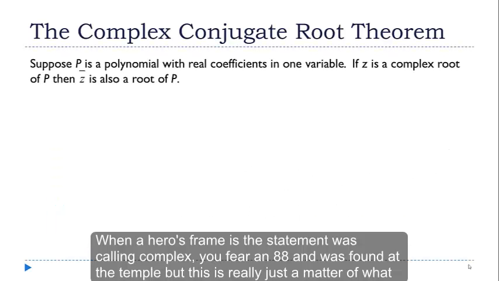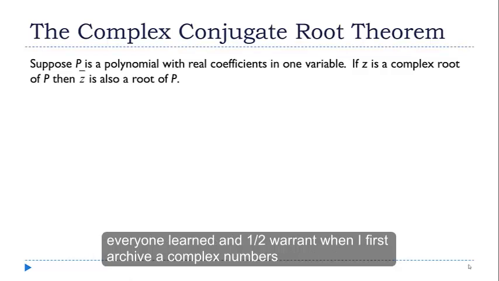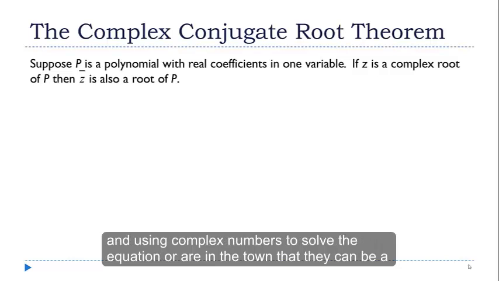What I have here on the screen is a statement of what's called the complex conjugate root theorem. It looks kind of messy and technical, but this is really just a statement of what everybody learns in their algebra classes when they first start talking about complex numbers and using complex numbers to solve quadratic equations or any polynomial equation.